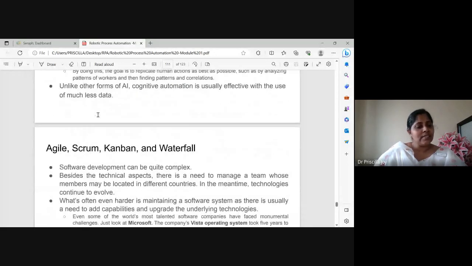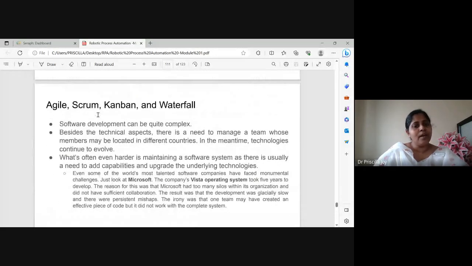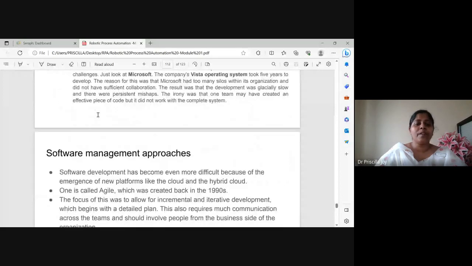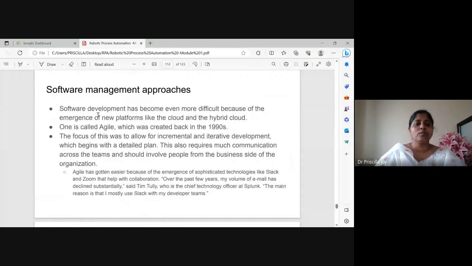And the next is Agile, Scrum, Kanban, as well as Waterfall. So in this, it is a software development which will be quite complex, and the three things which we'll be using here may be varying based on the implementation as well as based on the structure itself. It will be a different approach which we'll be using.